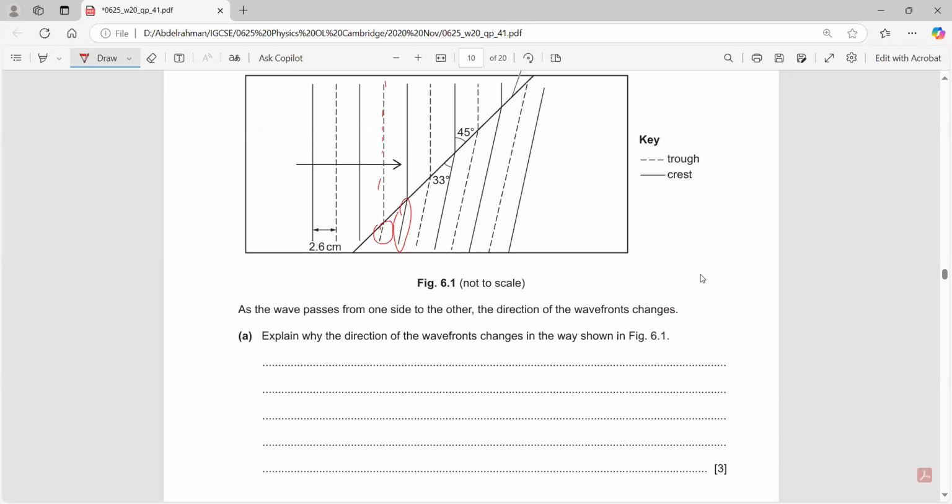When it changes speed, so what? Only part of the wave reaches the boundary first.